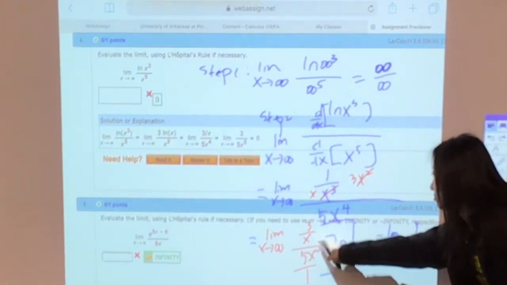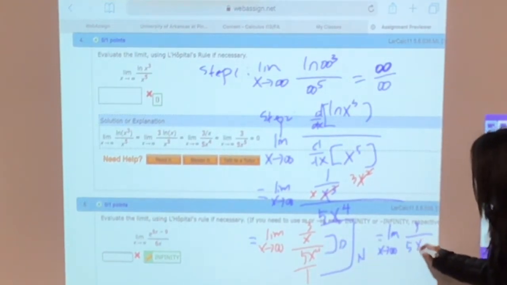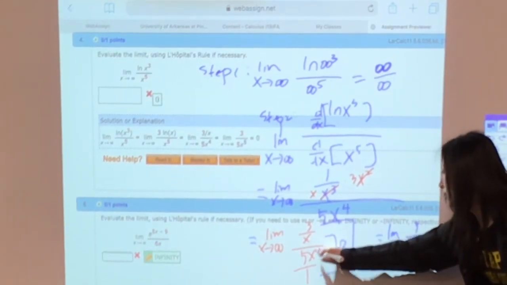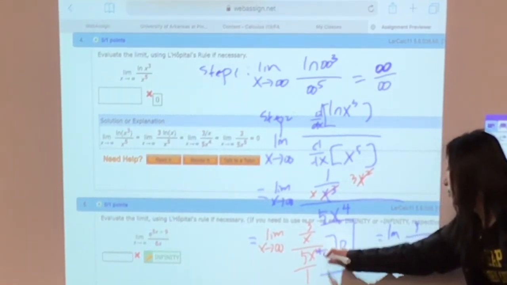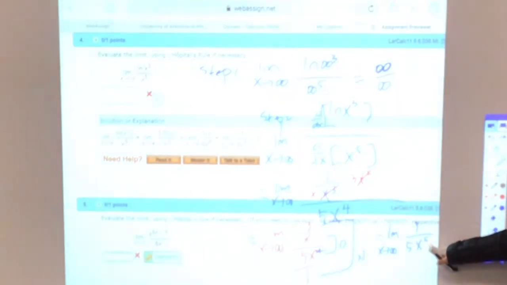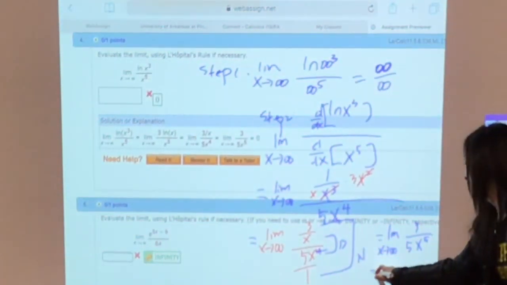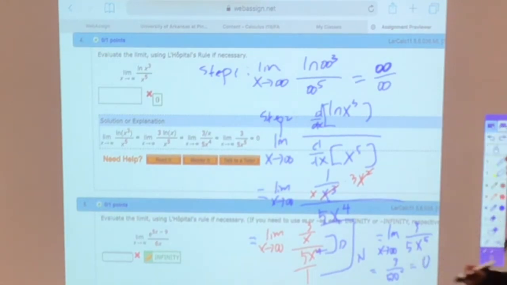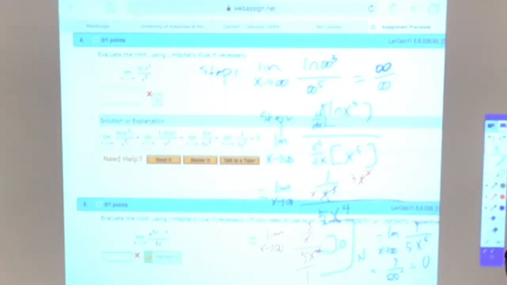My denominator is 5x to the 5th, because we have a 4 over here, and 4 plus 1 gives me a 5. Now I can plug in infinity. So what do you have then? 3 over infinity, which gives you 0, because any number divided by infinity gives you 0.